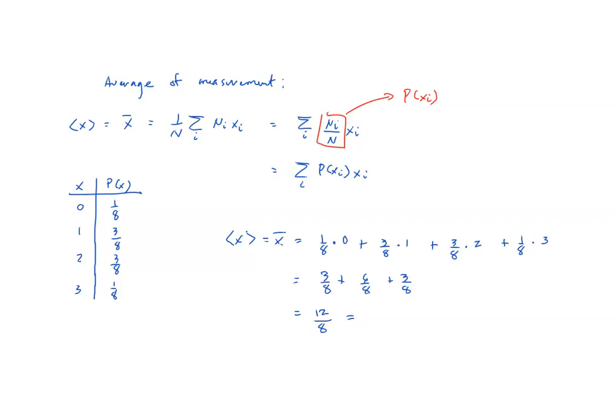We have 3 over 2, or 1.5. Okay, so that is the average of the theoretical result. No? Now, you do remember, sino ba nandito?